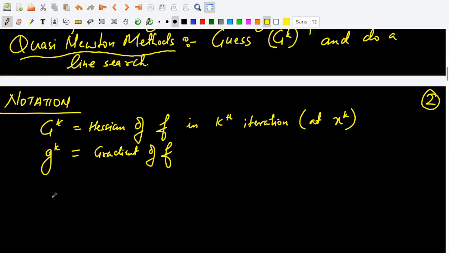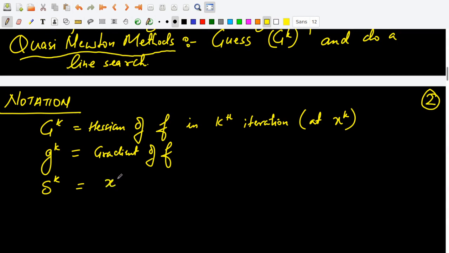These we have been using for some time. Delta k is new here. Delta k is the change in x after the kth iteration.